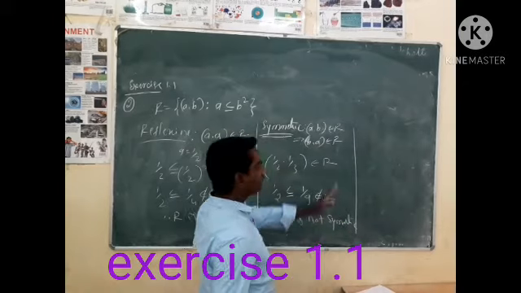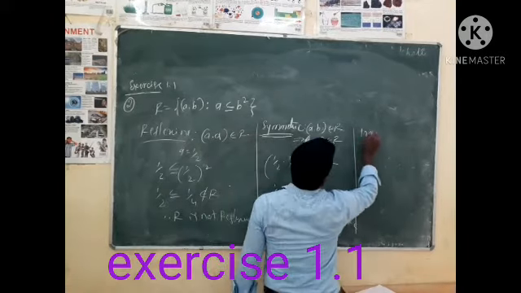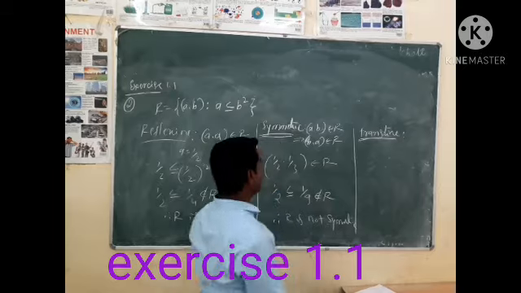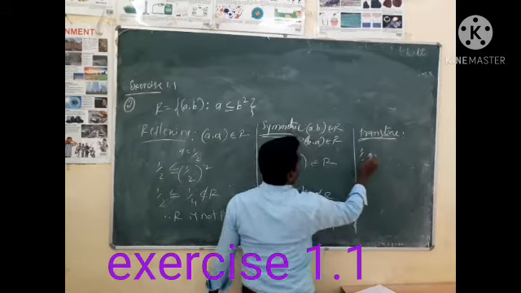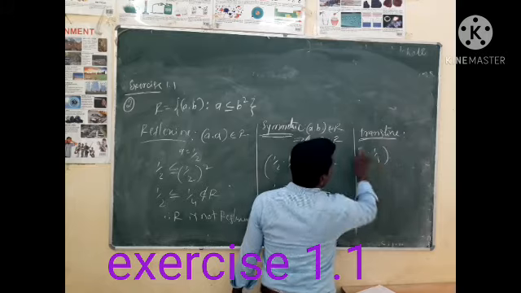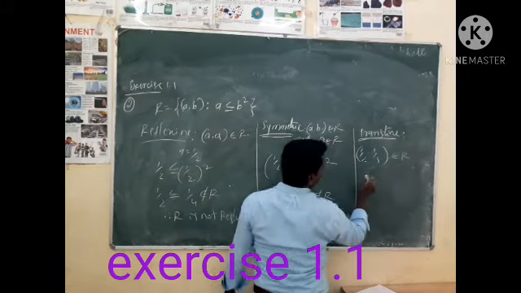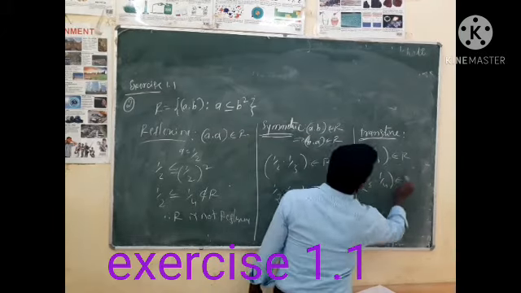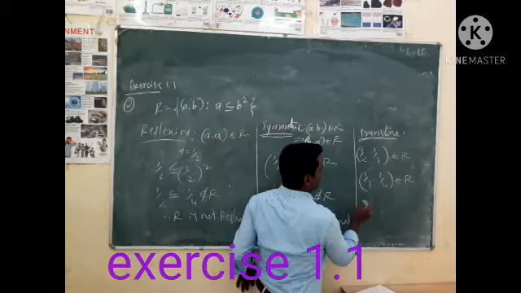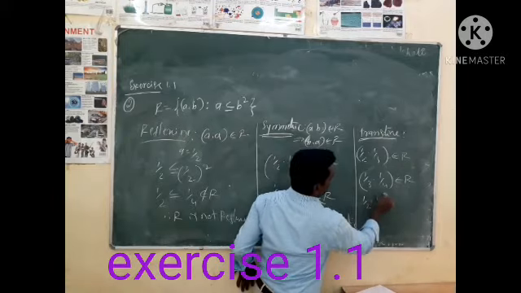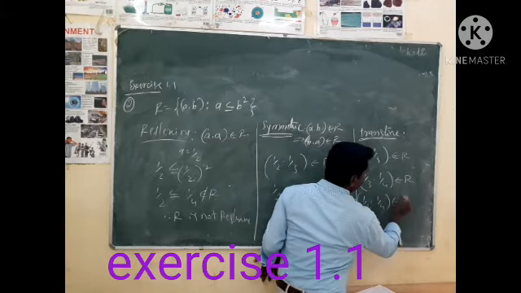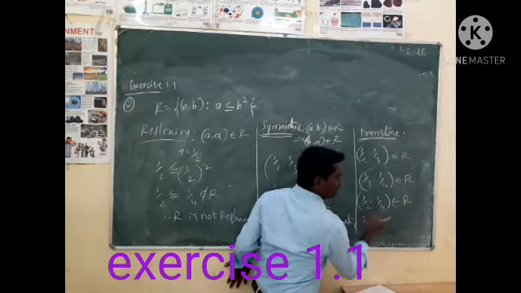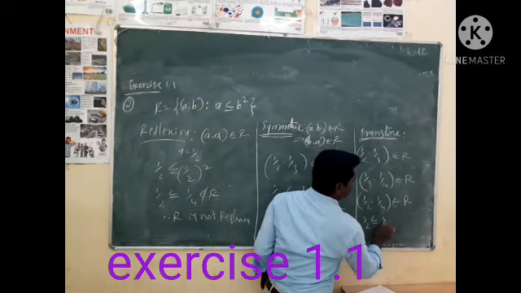Then what about transitive? We know the condition for transitive: (1/2, 1/3) belongs to R and (1/3, 1/4) belongs to R. Now is (1/2, 1/4) in R? Here 1/2 ≤ 1/4 squared, which means 1/16.